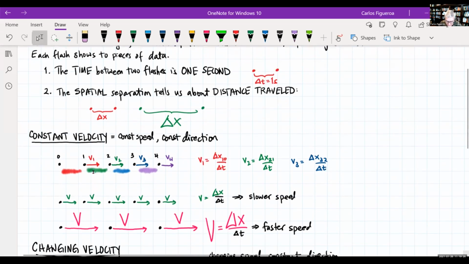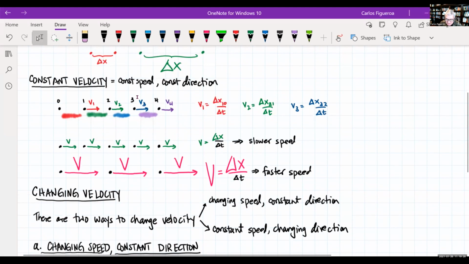So when I'm looking at this, we started talking about constant velocity. Now this is super important here. This little detail, this first image that has the red, green, blue, and violet colors is important. And the reason why it's important is because it really sets up how to draw or conceptualize motion correctly. So here we go.